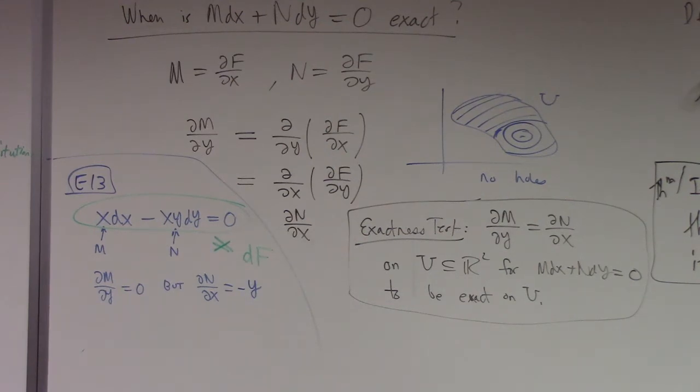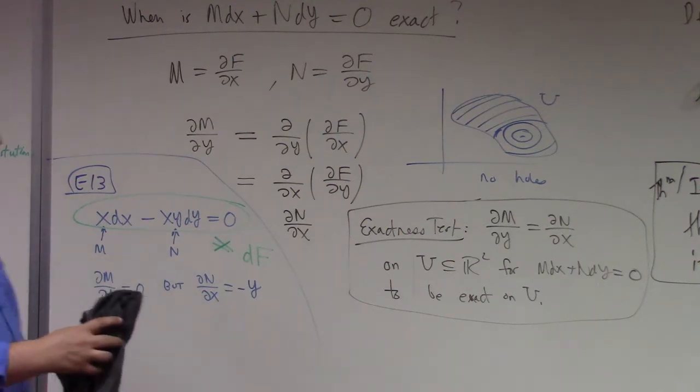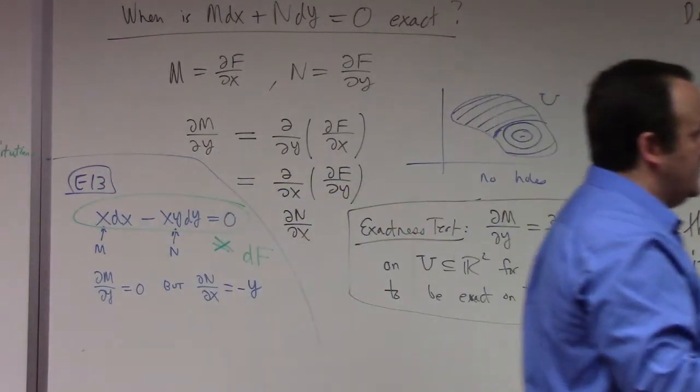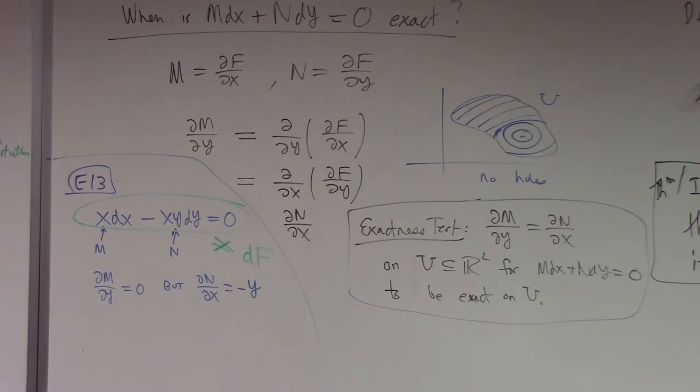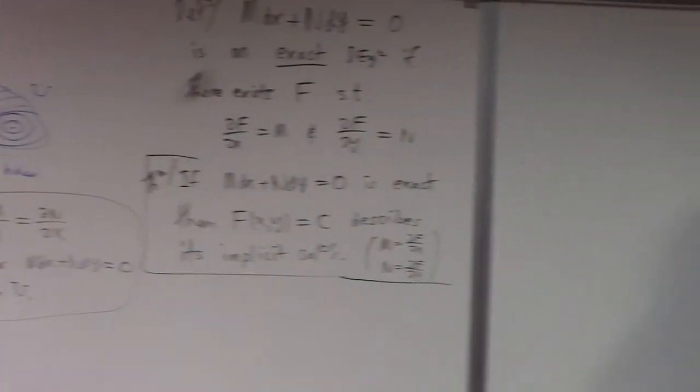Now, there's a theorem, and then we'll take a break. Pfaff's theorem says something that's kind of really greedy. It says that basically any differential equation you look at, I forget the fine print.